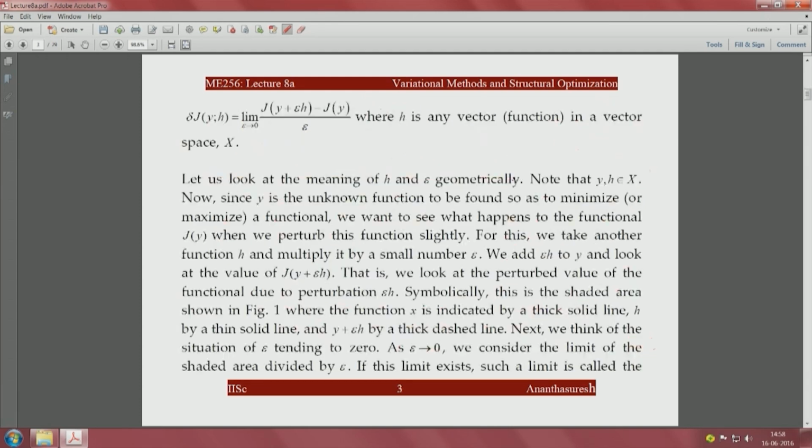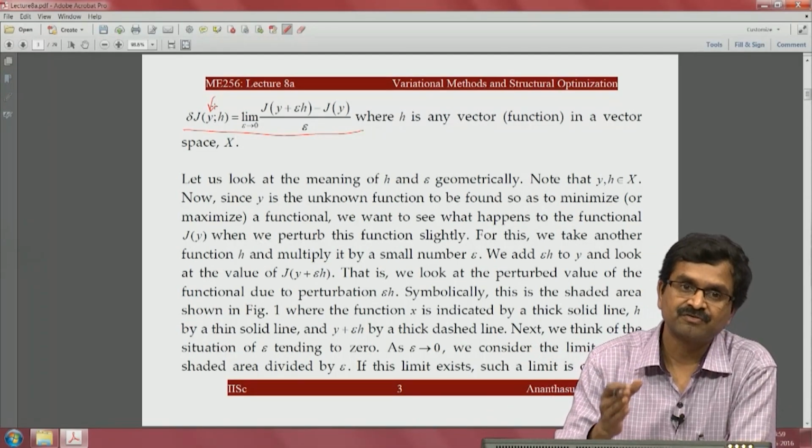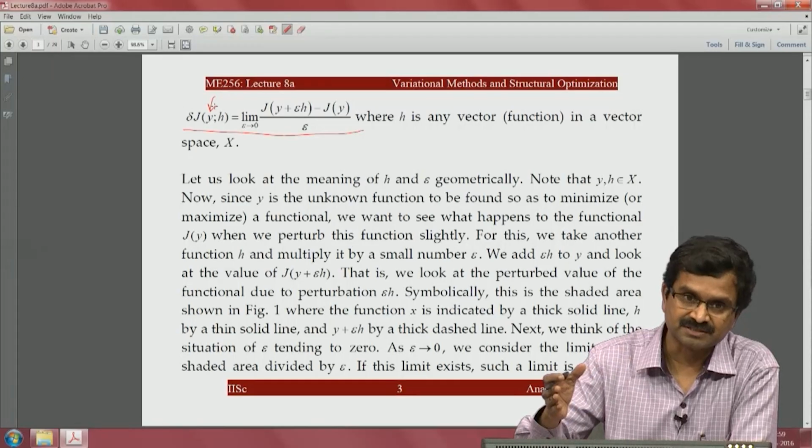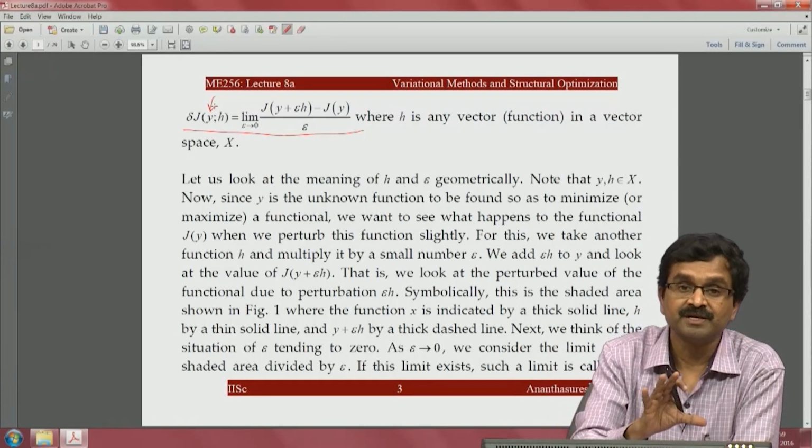Let us recapitulate once again that Gateaux variation is now defined at a particular function, just like the derivative of a function will be different at different values of x. Gateaux variation is also different at different functions, because now we have the function space y of x, that is what is variable now.